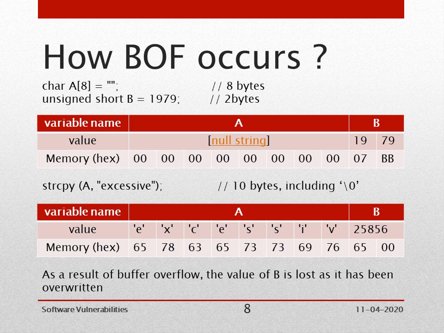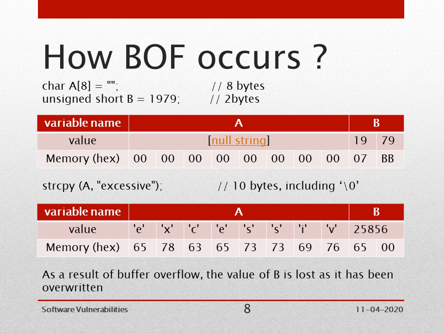Hence, while declaring the size, space for the null character must also be considered by the user. The variable b is declared to be of type unsigned short int, which requires 2 bytes and has been initialized with the value 1979. The table shows the contents of memory after executing the above two instructions.